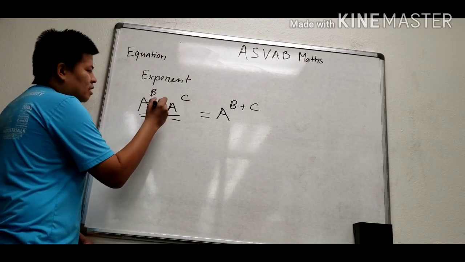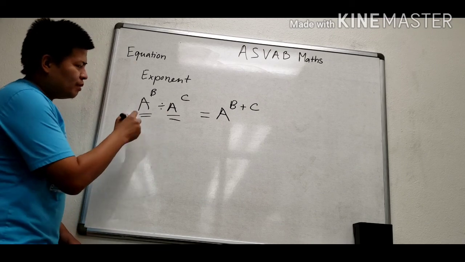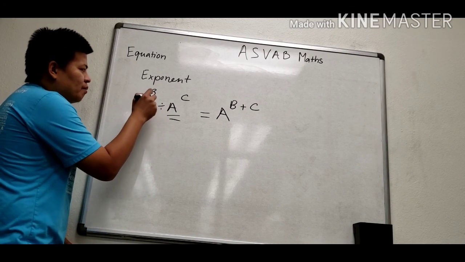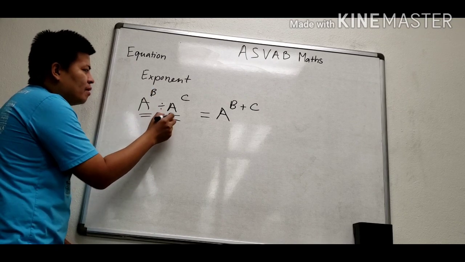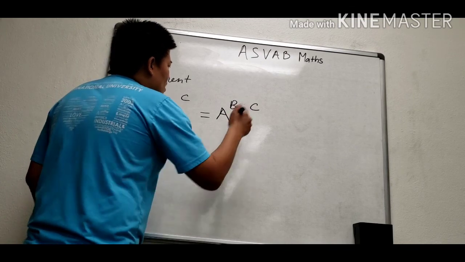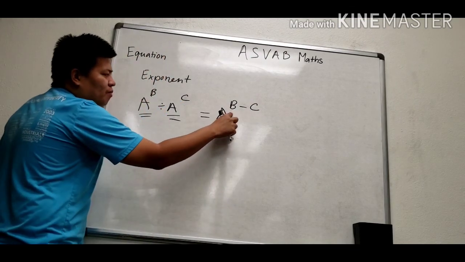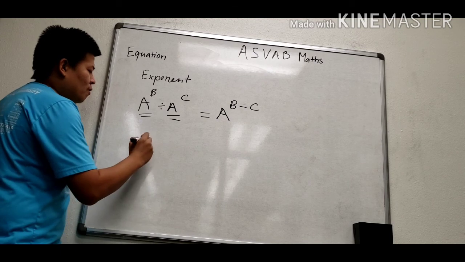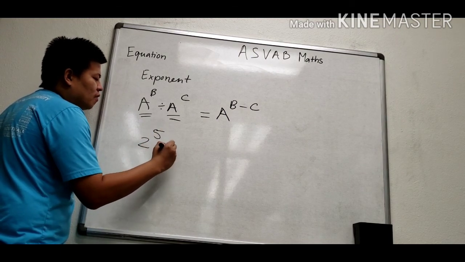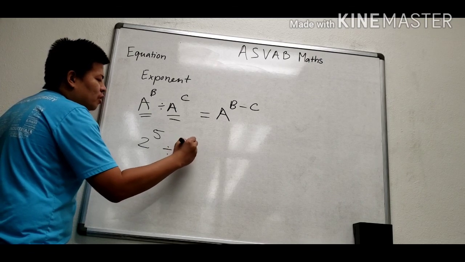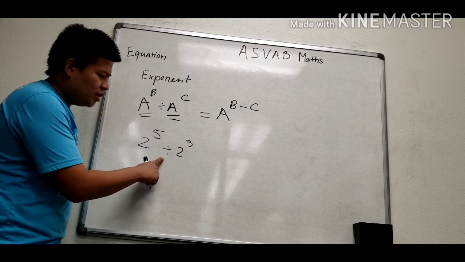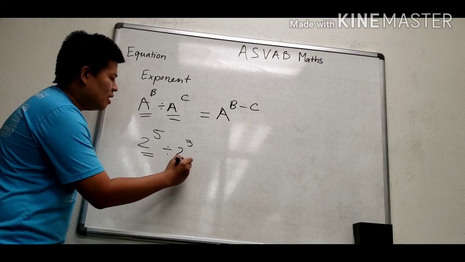Now if this one is division, if we have two exponents, a power b divided by a power c, we will have a power b minus c. For example, 2 power 5 divided by 2 power 3. This one is division with the same base together.